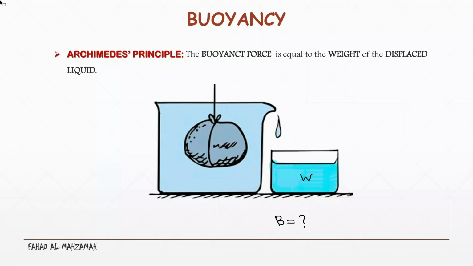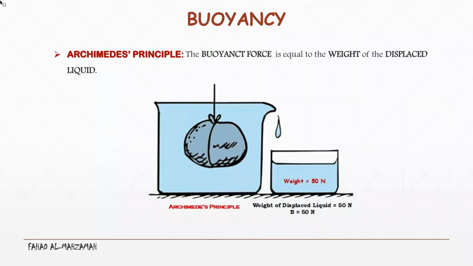So now instead of this question mark, we can remove it and then write the buoyancy is equal to the weight of displaced liquid. Now we understand what is buoyancy or how to find buoyancy, okay, thanks to Archimedes.